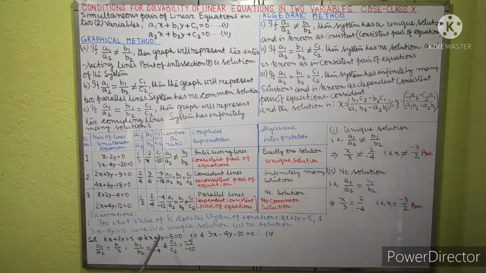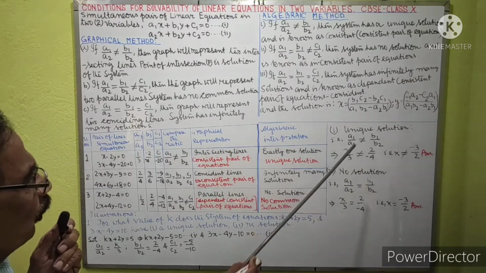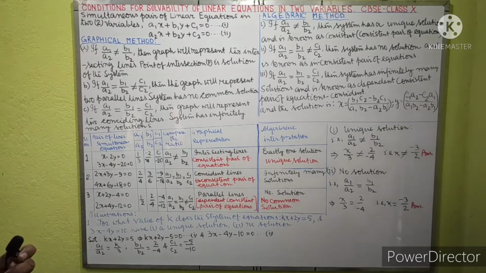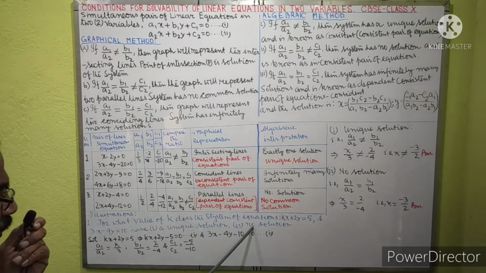The first question is a unique solution. When it is a unique solution, a1 by a2 not equal to b1 by b2, that is k by 3 not equal to 2 by minus 4, therefore k not equal to minus 3 by 2. So when k is not equal to minus 3 by 2, there will be a unique solution. And the second one, no solution.